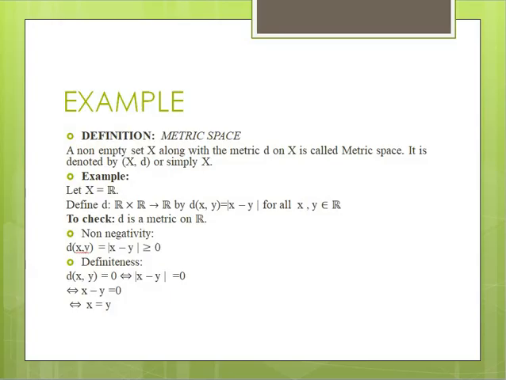To check d is a metric on R, first it needs to satisfy the non-negativity condition. Distance between x, y equal to modulus of x minus y, which is always greater than or equal to 0. Then definiteness: distance between x, y equal to 0 if and only if modulus of x minus y equal to 0, which implies x minus y equal to 0, which implies x equal to y.